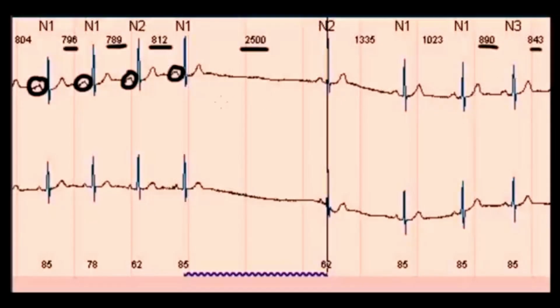What's missing is an entire P wave, and this goes on for a couple of seconds with no escape rhythm. Sometimes you can have an escape rhythm, sometimes you might not, and the escape rhythm could be ventricular or atrial in this situation. So that is an example of a sinus node block.